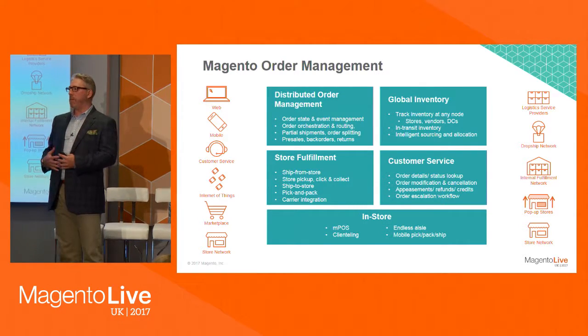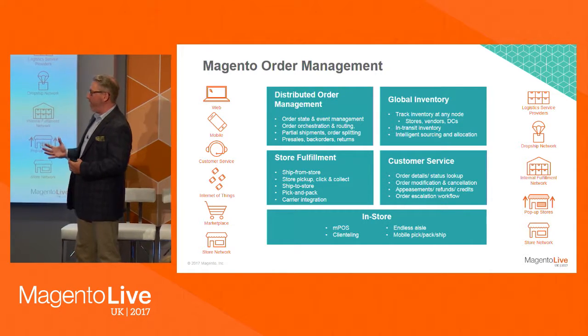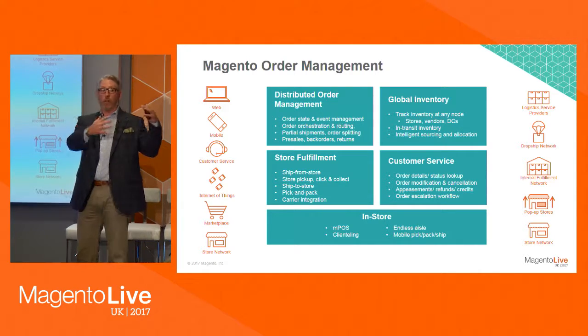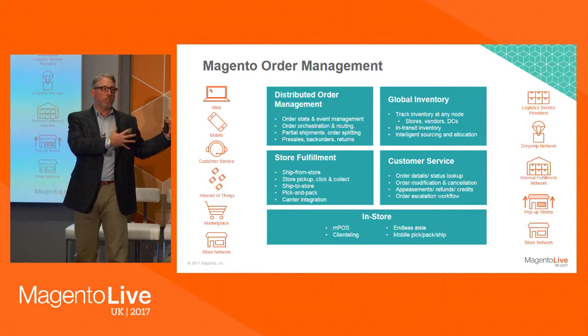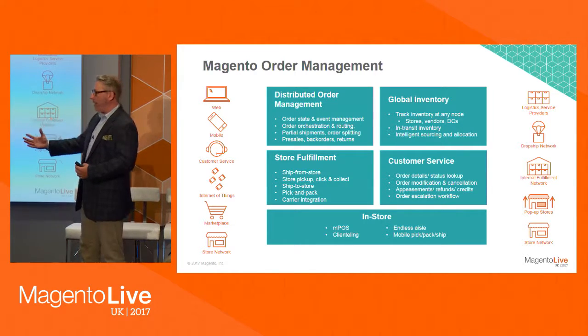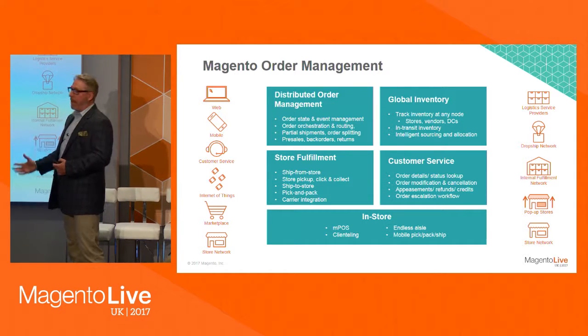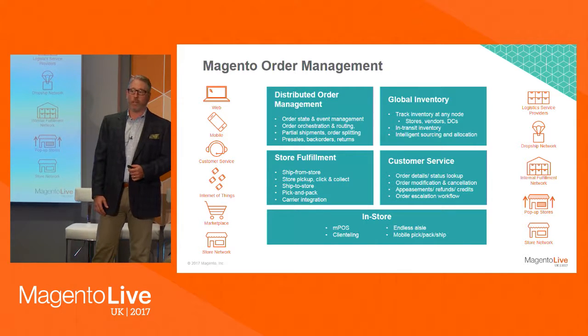You're seeing order management solutions encroaching into the physical store. So we have an in-store module that enables all of those things, integrated not only with your order management solution, but with your Magento Commerce digital solution to enable things like clienteling, a robust endless aisle solution, and that mobile pick, pack, and ship solution, as well as basic mobile point of sale capabilities.